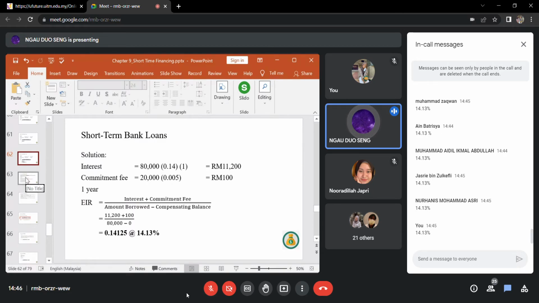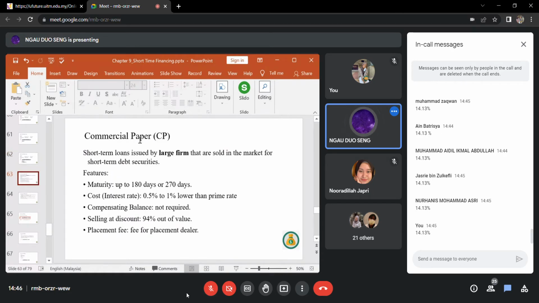All right, so we continue with commercial paper. Commercial paper is a short-term loan issued by a large firm or company, sold in the market as short-term debt securities. Features: maturity can be up to 180 days or 6 months, or 270 days, which is 9 months.